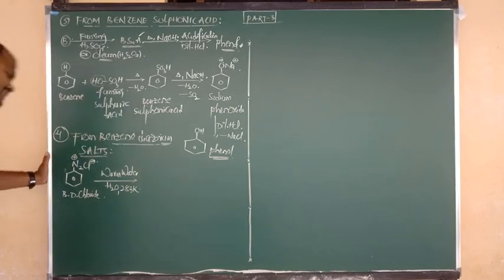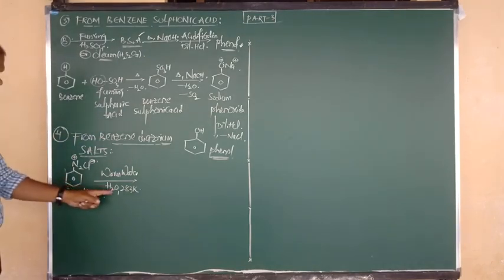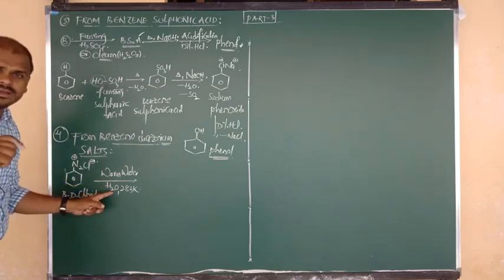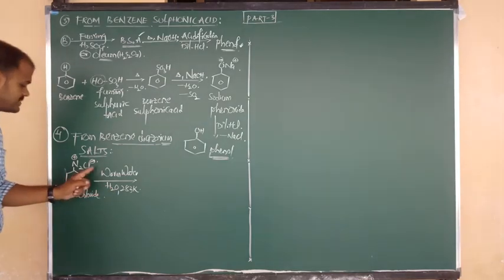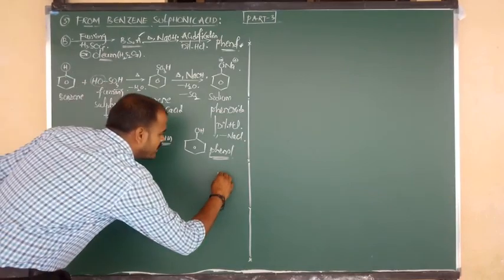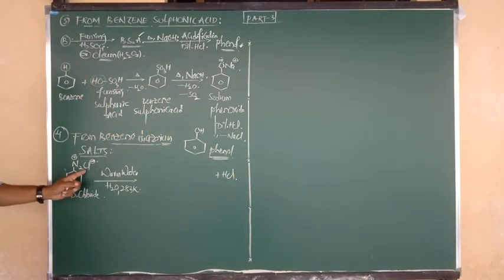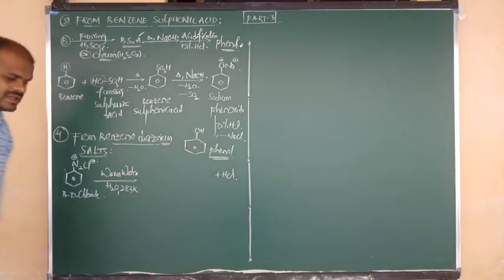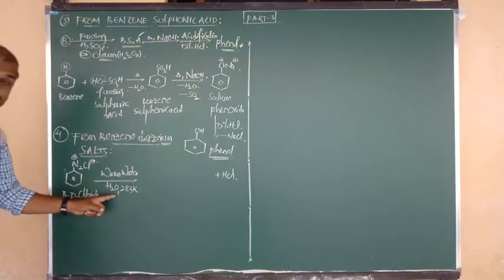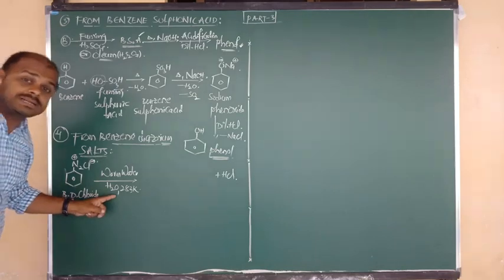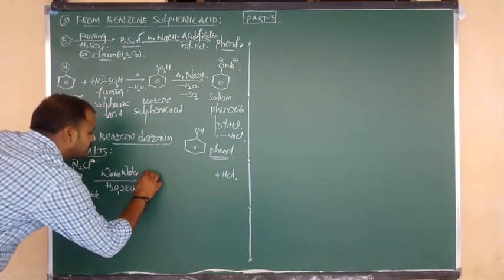Now listen carefully. The water molecule contains H plus and OH minus. H plus combines with Cl minus and is eliminated in the form of HCl. And the remaining group is OH, which directly attacks upon benzene.